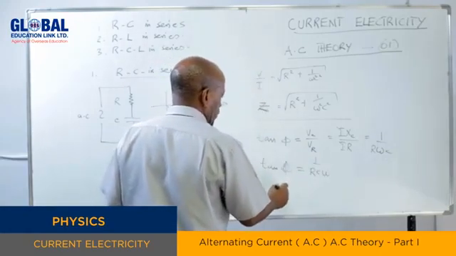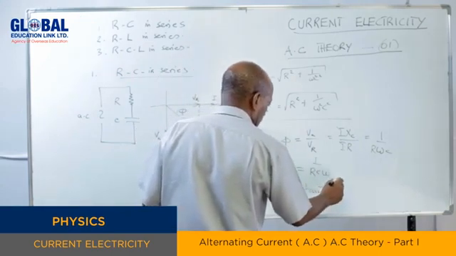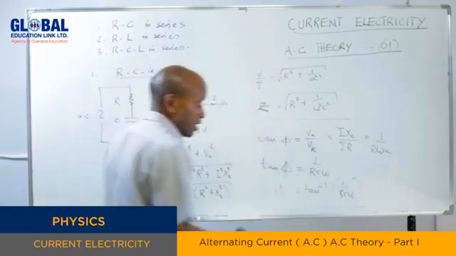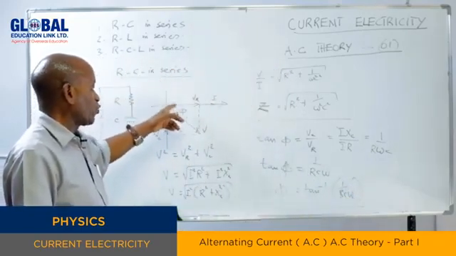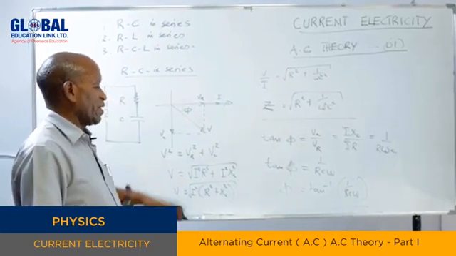Therefore we can determine phi, which is the tan inverse of 1 over RC times omega. So you can obtain the angle at which the applied voltage V is acting.